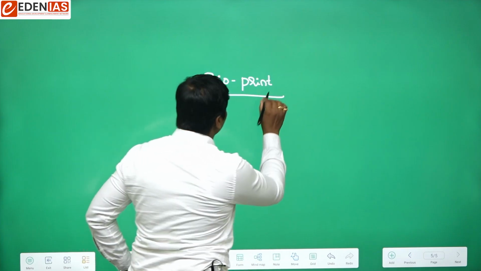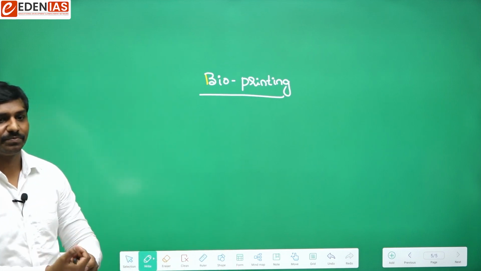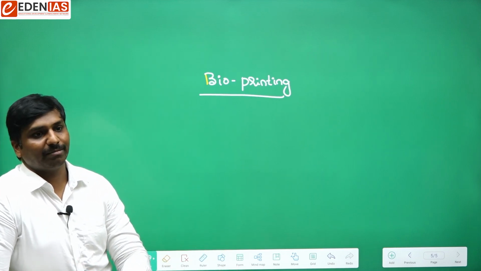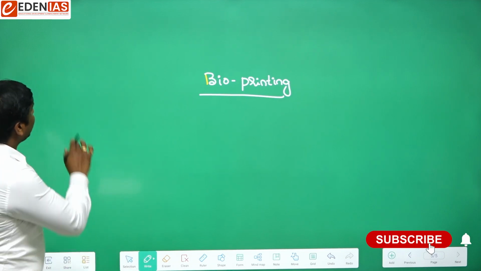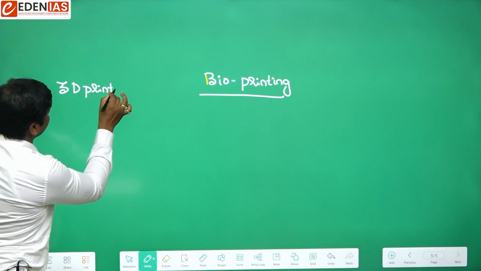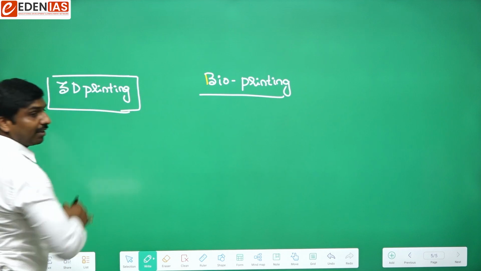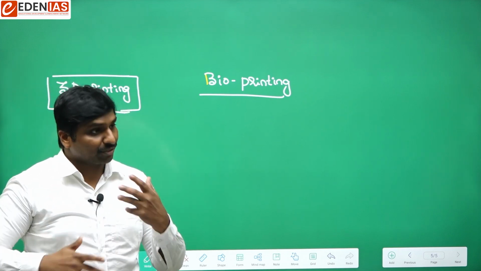So have you heard about bioprinting? What is bioprinting? Where do we use the bioprinting method? Have you heard about the 3D printing technique? So what is 3D printing? 3D printing is an additive manufacturing technology.